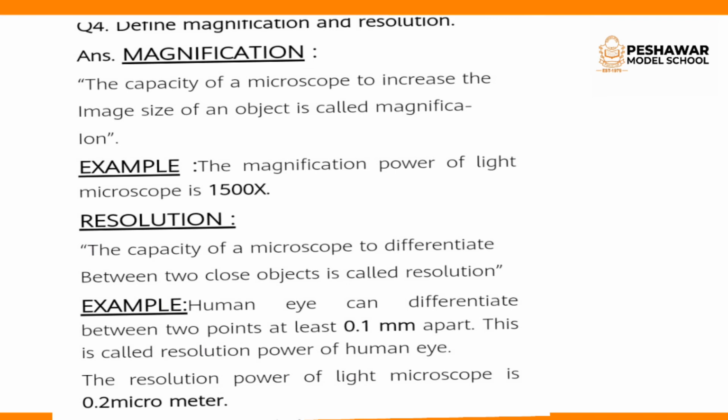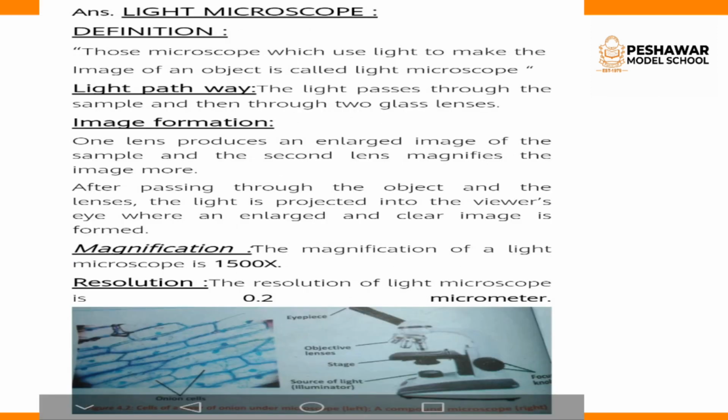And whenever the microscope differentiates between two close objects, it is called the resolution power of the microscope. So the resolution of the human eye is 0.1 millimeter apart. When things are placed in close proximity, at least 0.1 millimeter apart, our eye can differentiate them, while the resolution power of the light microscope is 0.2 micrometer. Clear?